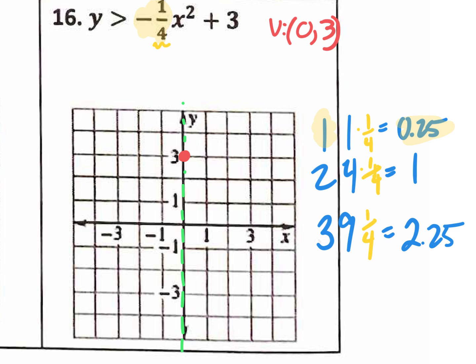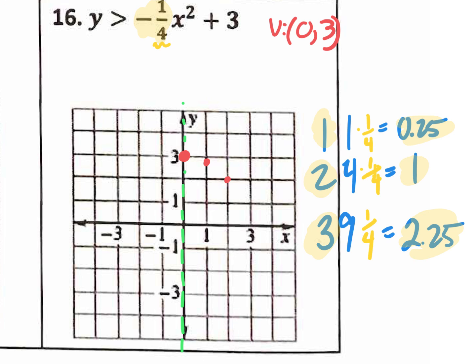Okay, and then you go back to the vertex, 2 to the side, 1 down, 3 to the side from your vertex, 2.25 down. So let's do that. We're going to go 1 to the side and only a quarter of the way down. That's half of the half. Not half, but half of the half only. So let's all put a dot right there. And then we're going to go back to the vertex and go 2 over 1 down.